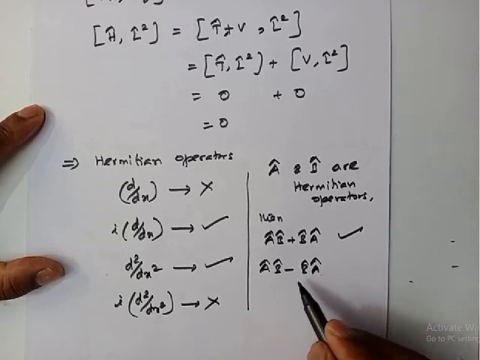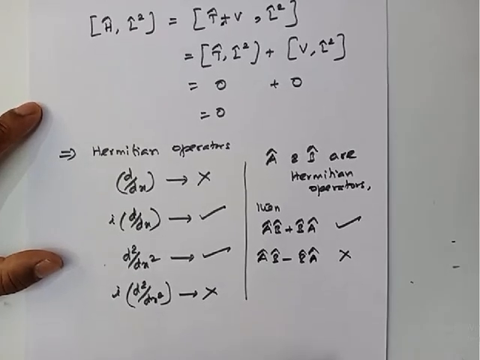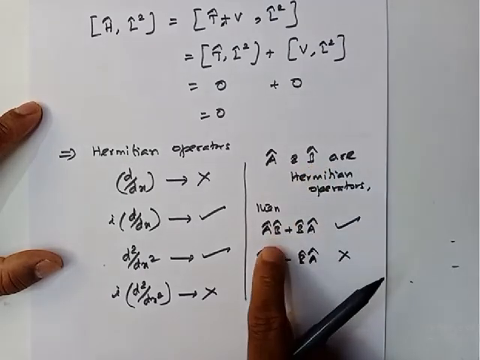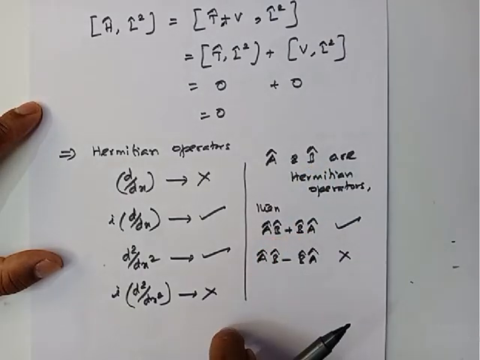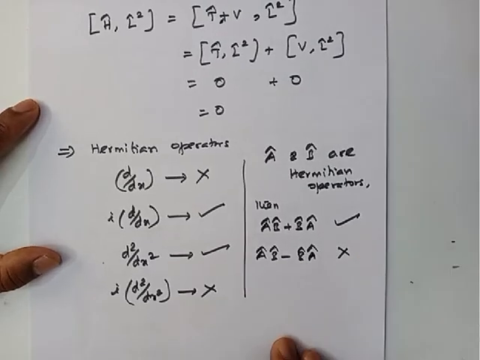It is not Hermitian, it is anti-Hermitian. If A is Hermitian and B is Hermitian, then AB plus BA is also a Hermitian operator. But AB minus BA is not Hermitian, it is an anti-Hermitian operator.